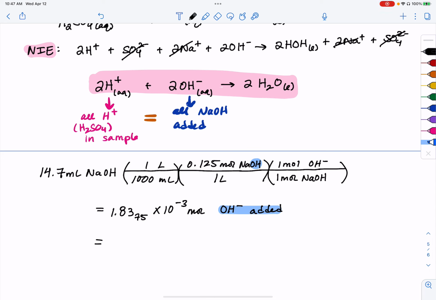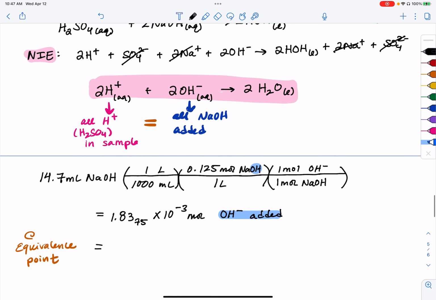So at the equivalence point, which is what we observe when we watch the color change at the endpoint, this means that we have 1.83 times 10 to the negative 3 moles of H+ present in the flask.